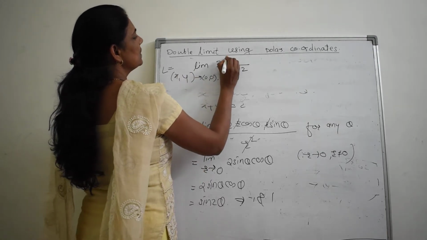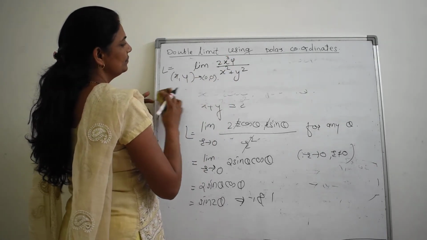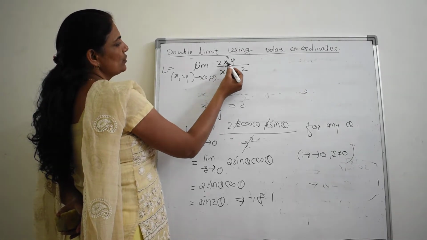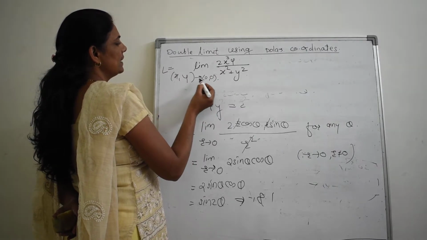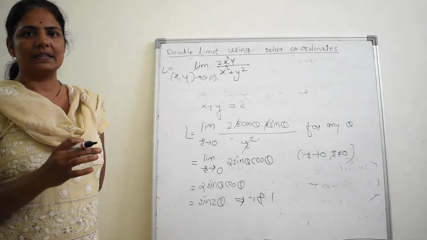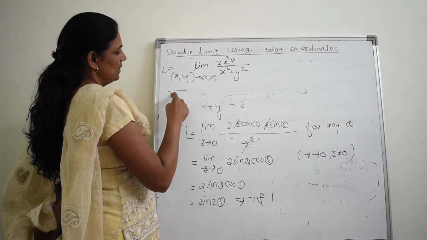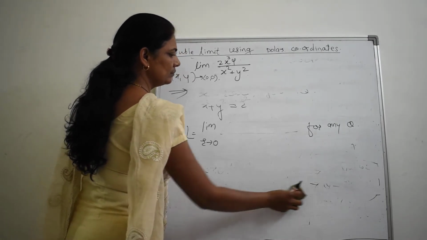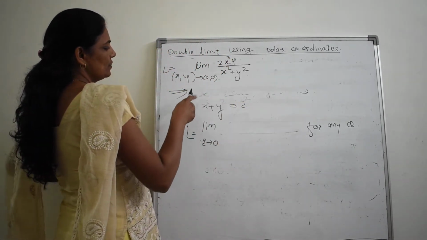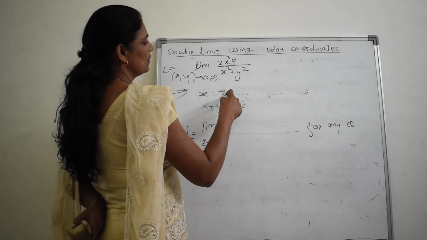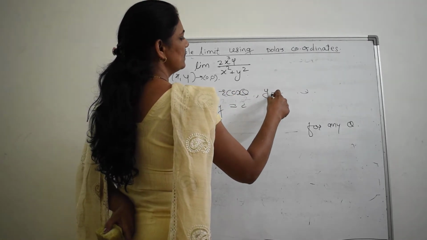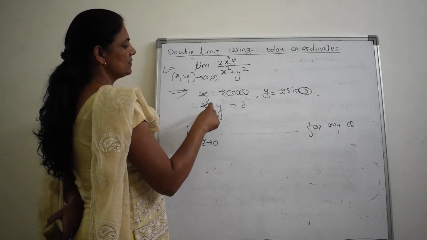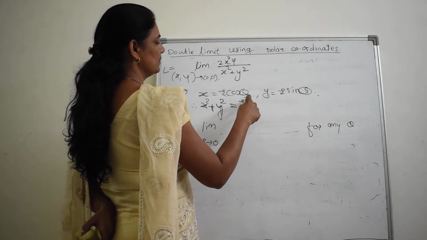Now we consider a simple change here. I consider the limit of 2x cube y upon x square plus y square as (x, y) tends to (0, 0). Find this limit if it exists by using polar coordinates. Again, we write x equals r cos theta, y equals r sin theta, so x square plus y square is r square.